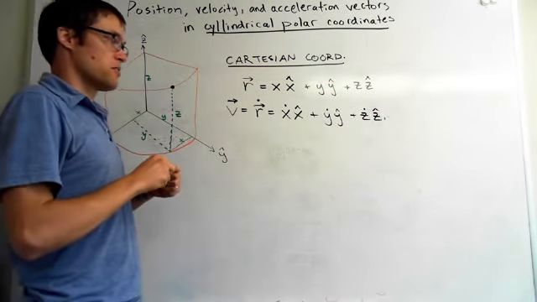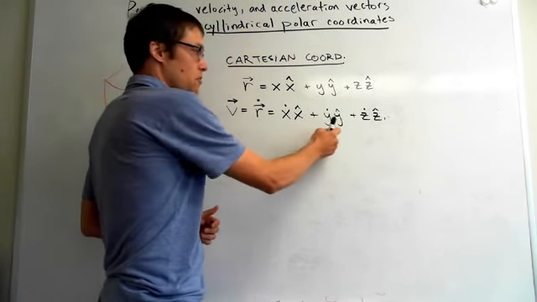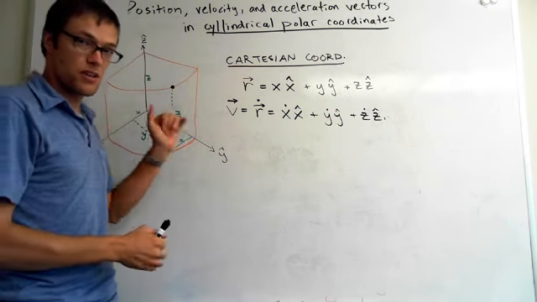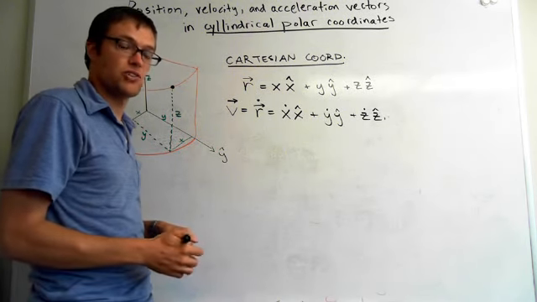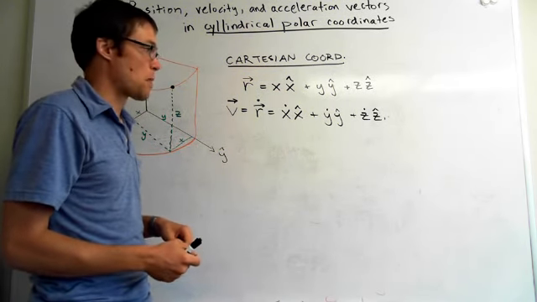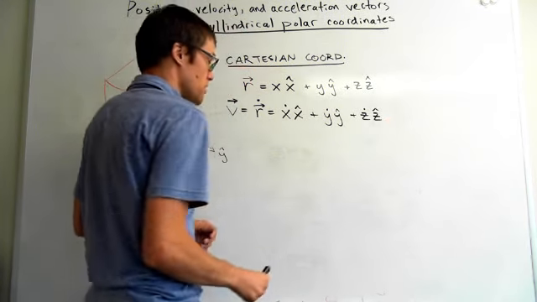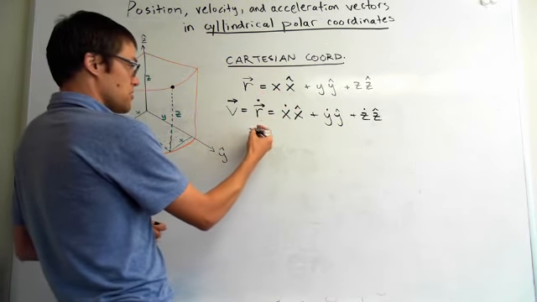The reason that step was simple is that the unit vectors x hat, y hat, and z hat don't depend on time. No matter where this particle goes, they never change their direction or their magnitude. So these unit vectors do not have any time derivative; their time derivative is 0. Therefore, it's easy to write down velocity.